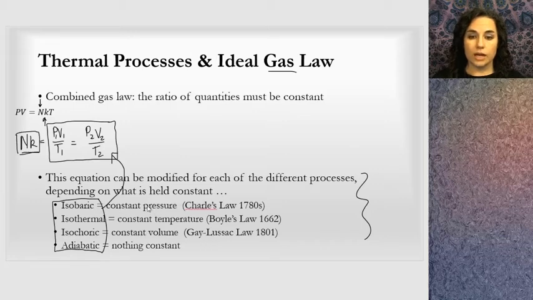If I'm under constant pressure, P1 equals P2, and I get V1 over T1 equals V2 over T2, which is Charles' law. So nothing magical there. It's just taking whatever is constant and considering that in this combined gas law.